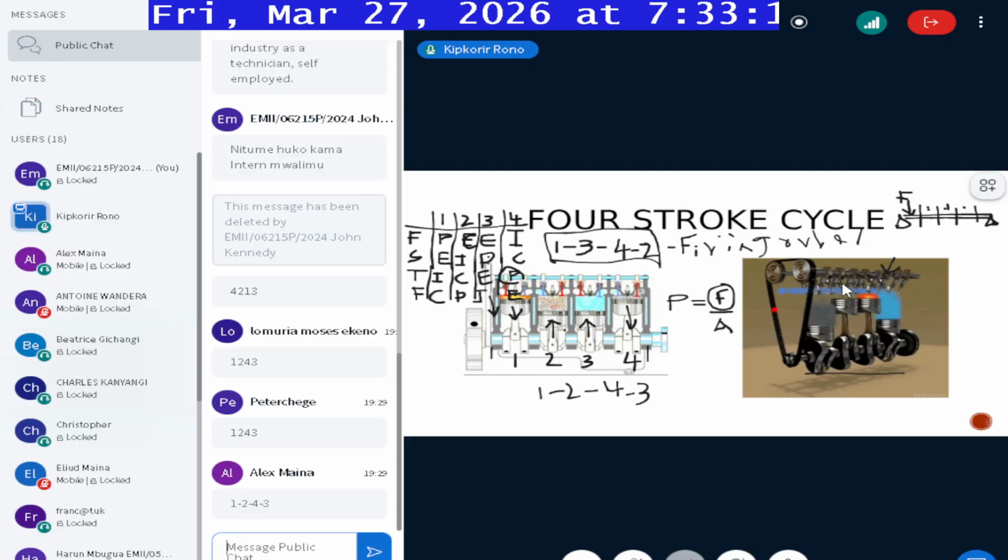It's synchronized using this chain or belt, which you call the timing belt or the timing chain. It synchronizes the motion of the camshaft, which controls the opening and closing of the valves, with the rotating crankshaft, which controls the reciprocating motion of the pistons. So that is generally what happens there.